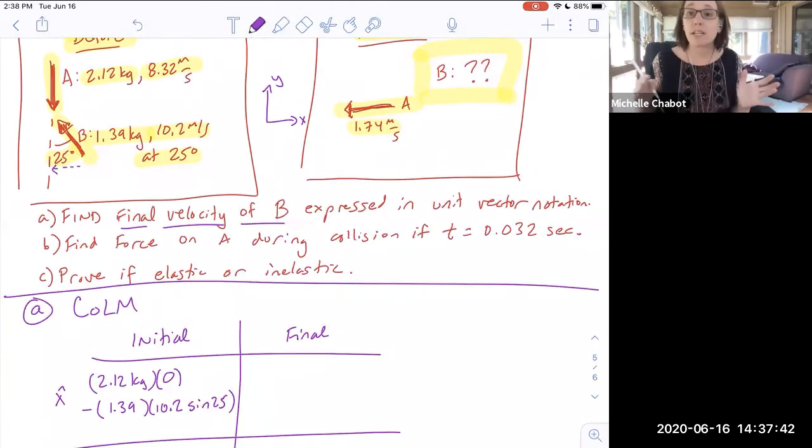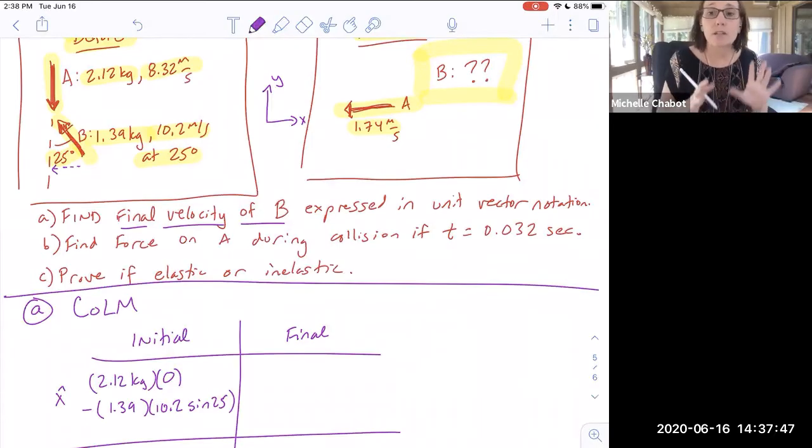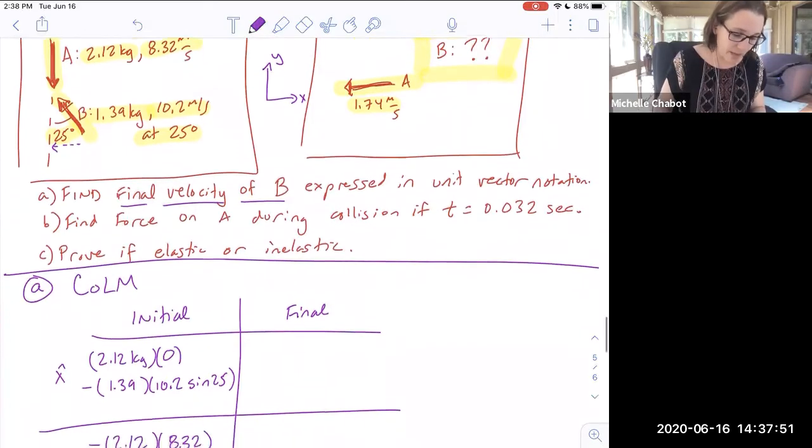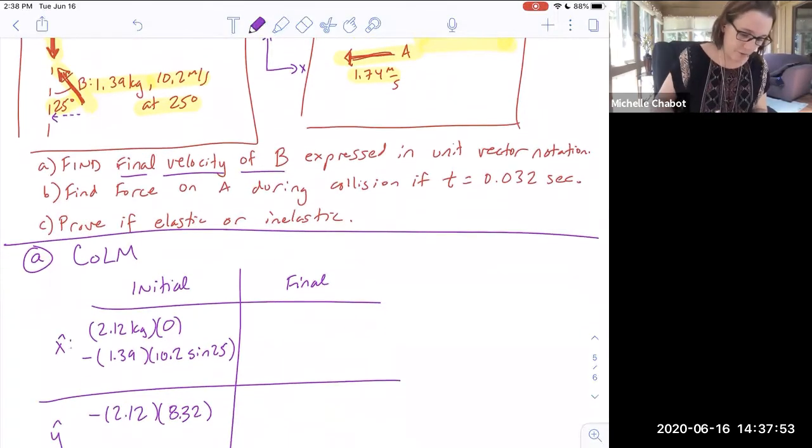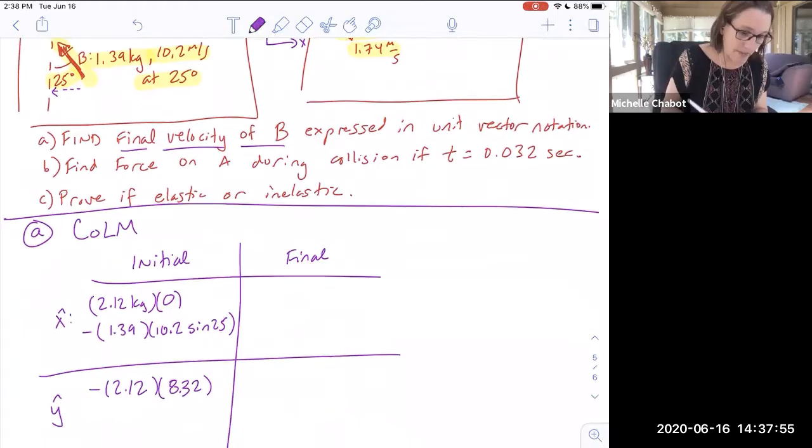So now I've taken what we know about vectors and just taken the X component of its velocity vector, which is what I've shown here. And then the Y direction for B, we can see that it's going to be positive because the Y velocity is headed up. So I'm going to have positive times the mass, 1.39.